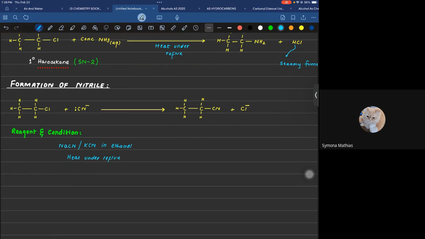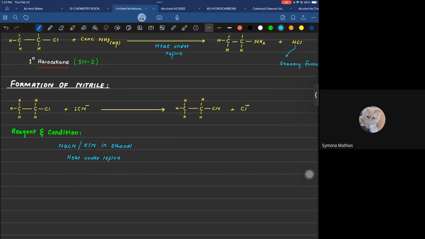And heat under reflux. Okay, so just like OH is replaced, just like NH2 is replaced, the same goes with nitrile. There is no difference between these reactions, the mechanism is the same, but the elements are going to change, the number of atoms and ions are going to change basically.